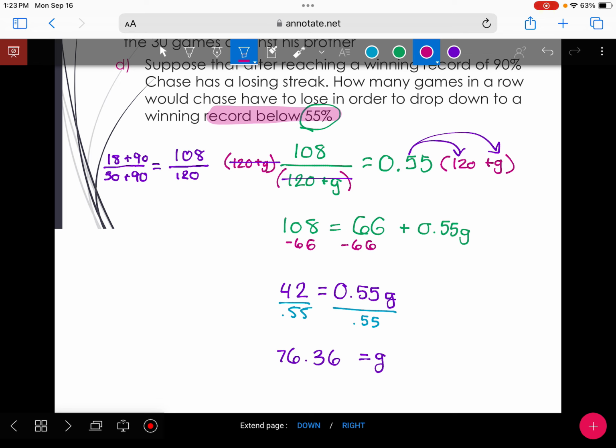If we take our 108 over 120 plus 76, do we get 55% or smaller, or is it too big? Try it out and see if that will give you a winning record below 55%.